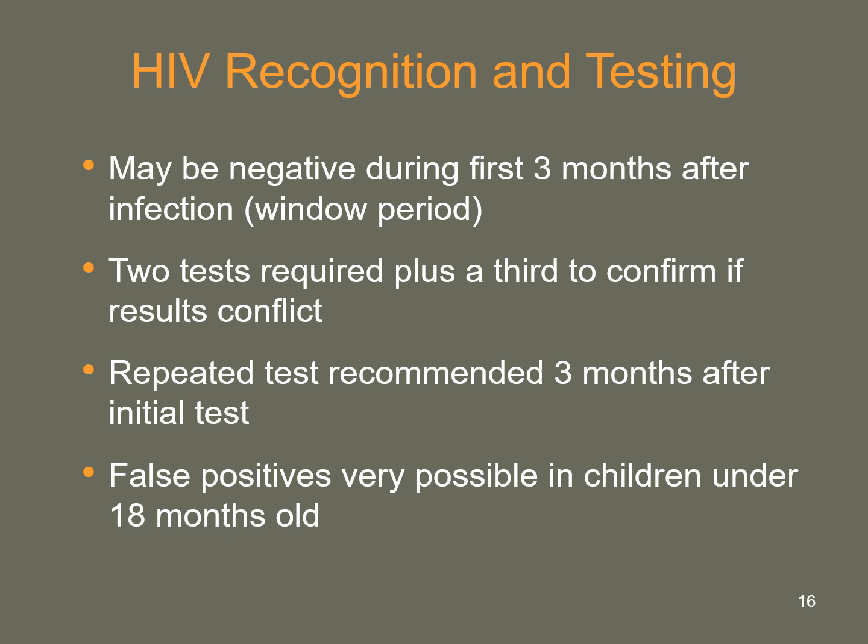False positives, very possible in children under 18 months old. So mostly false positives, meaning that when you test a child who is under 18 months, sometimes the results may become positive, but not necessarily that the child is positive.